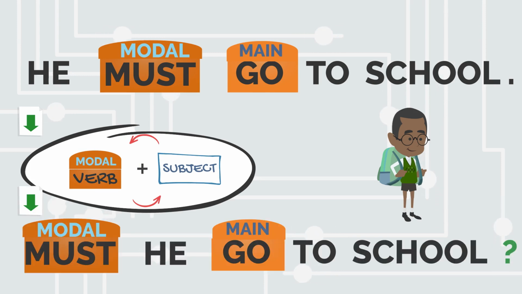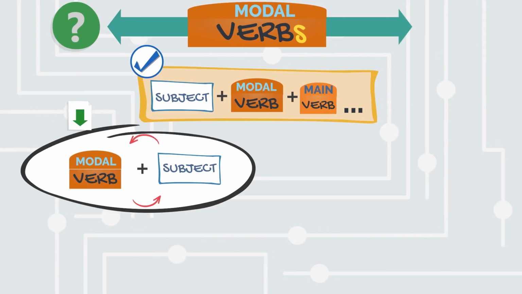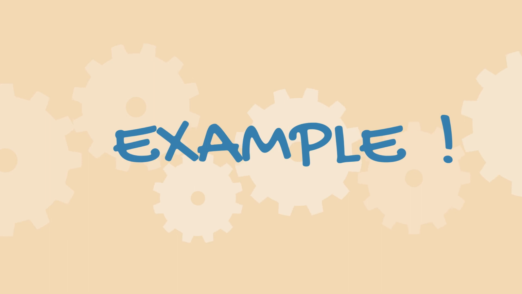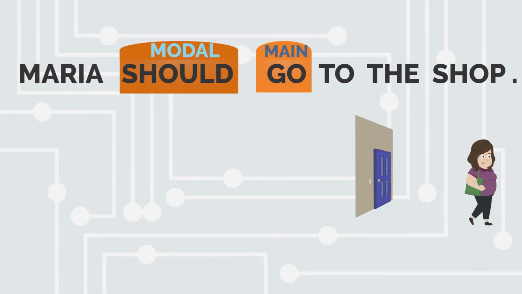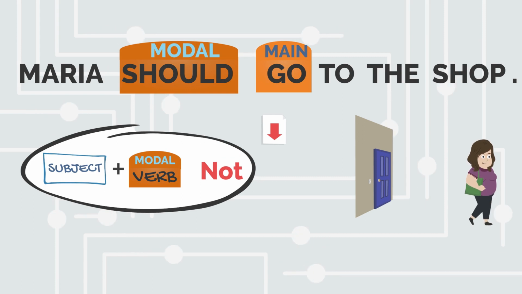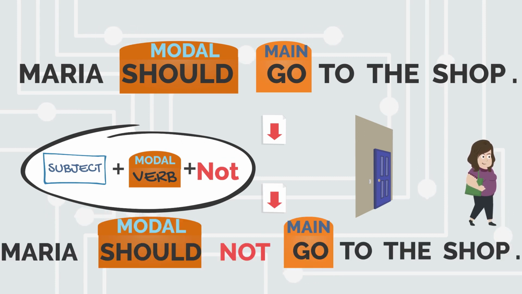Must he go to school? For the negative, we just add not after the modal verb. Example: Maria should go to the shop. Maria should not go to the shop.